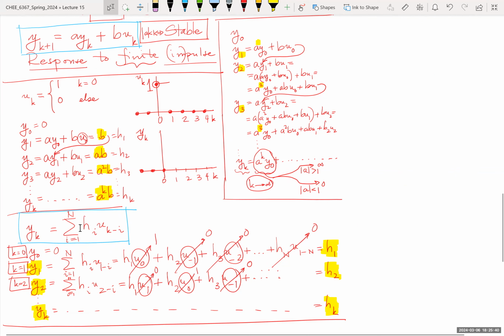And I'm interested in these coefficients H_i. I can get these coefficients H_i through this by throwing an impulse, or a pulse rather, into my system and looking at the response. Or I can do some other kind of experiment and get this model structure, A and B. Any ideas on how I could get these coefficients H_i by doing an experiment?